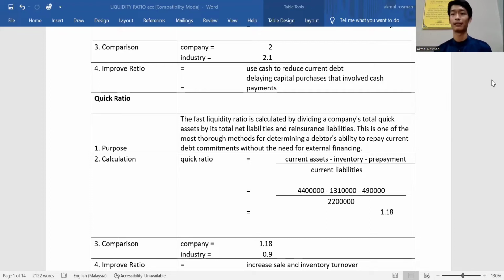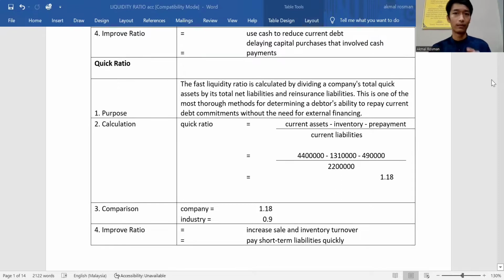need for external financing. The formula for quick ratio is current assets minus inventory and then minus prepayment, and then divide by current liabilities. For Muhamad, current assets amounted to 4,400,000.